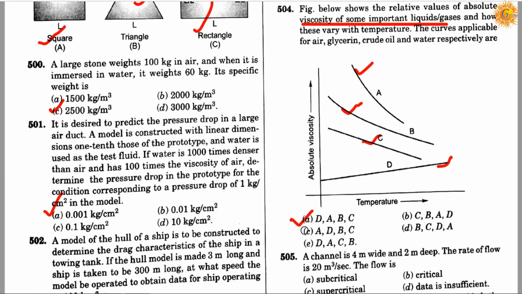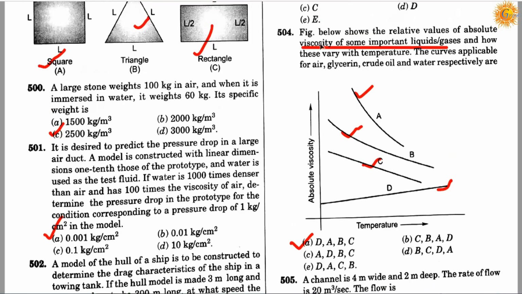According to the graph, for air, the viscosity is maximum at first, and if we increase the temperature, the viscosity decreases.